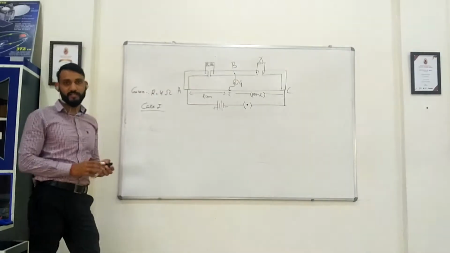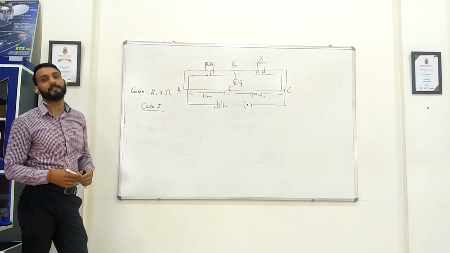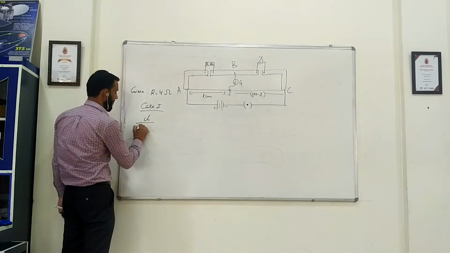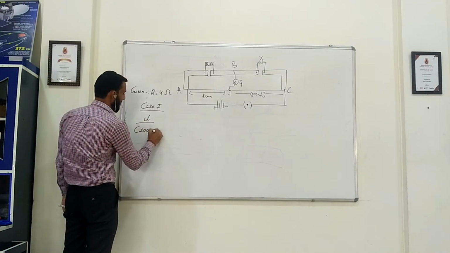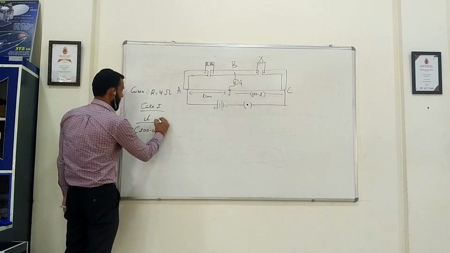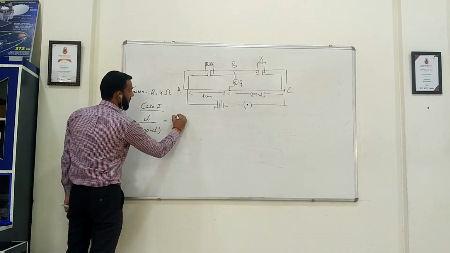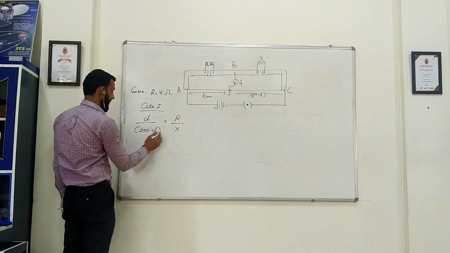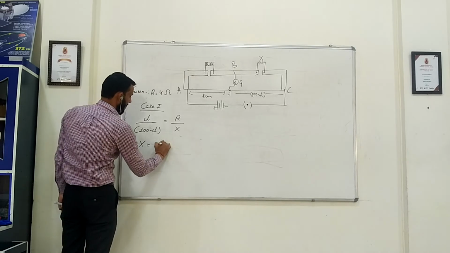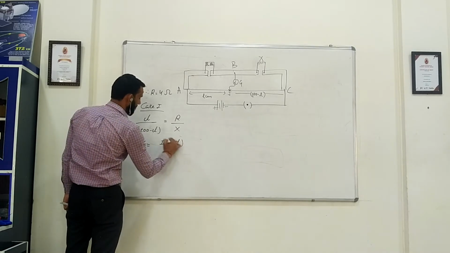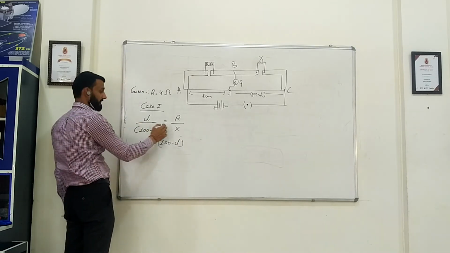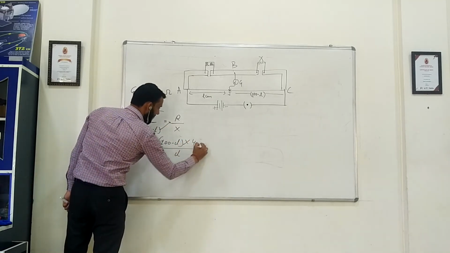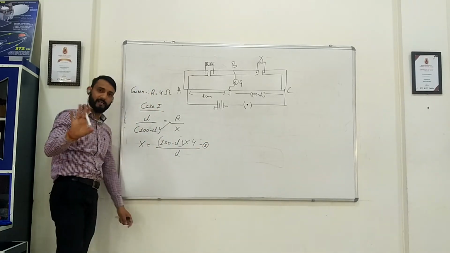Again we will use the balancing principle of the Wheatstone bridge. It will be L upon 100 minus L equals R upon X. Now X would be equal to 100 minus L into 4 upon L. This is the first equation, the first case.